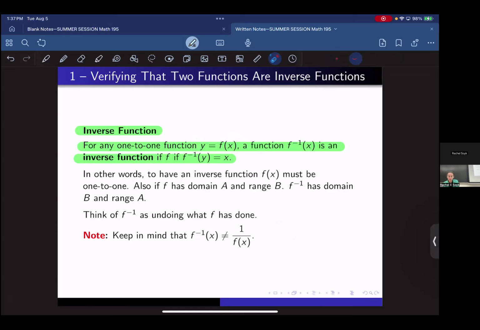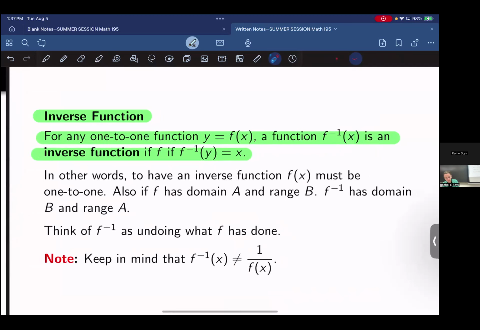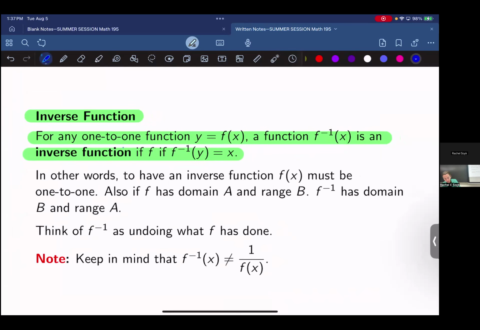This is not f to the negative 1. This is just the notation for inverse of f of x, is an inverse function if f, or there's a typo here. It should be inverse function of f if f inverse y is equal to x.